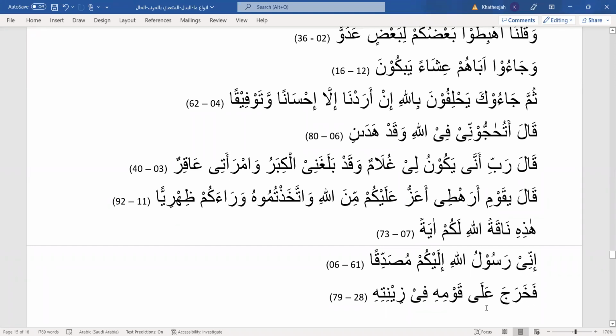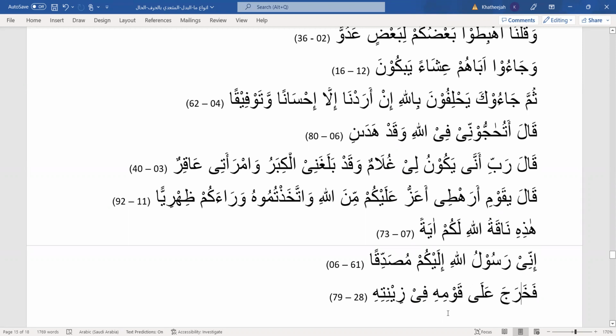He exited in front of his nation while he was in a condition of decoration, decorated with stuff on his body, his clothing and other things. He was in that state when he came out in front of his nation.